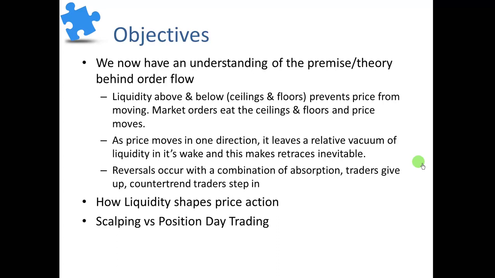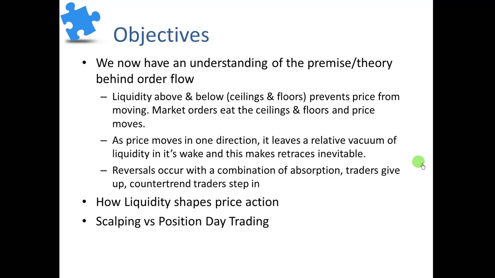Liquidity has to fill in the wake of a one-way move, and that causes something we call a liquidity vacuum, which is a relative lack of liquidity behind a move. Pullbacks are often caused by nothing more than this temporary liquidity imbalance, which we can see when we compare the moving price with the moving order flow. And we actually looked at how we could see that visually using volume and cumulative delta to identify those vacuums.